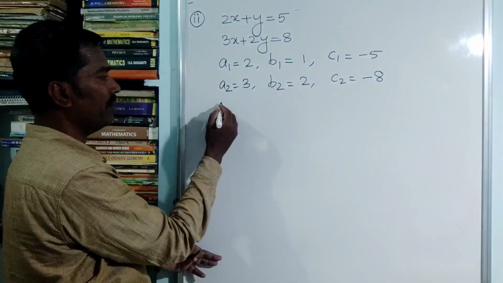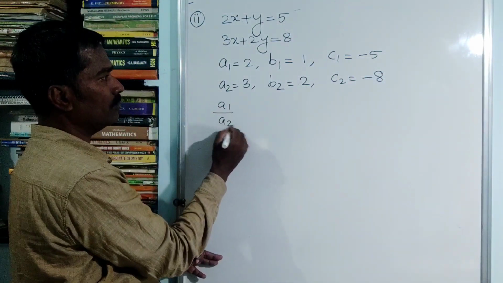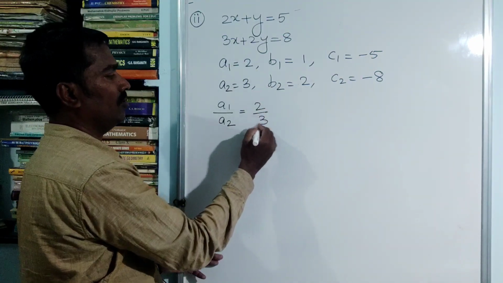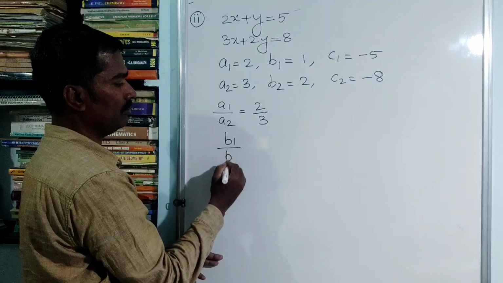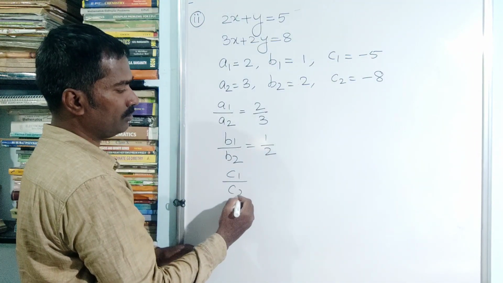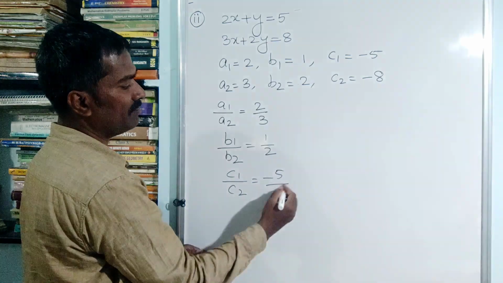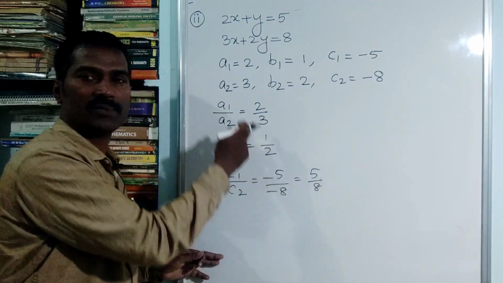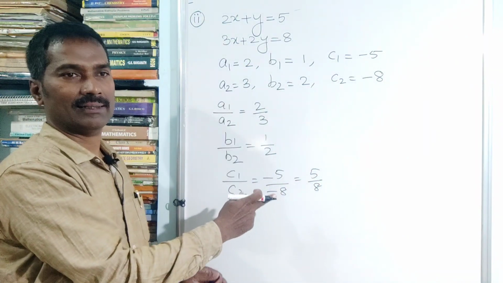Now a1 by a2, 2 by 3. b1 by b2, 1 by 2. c1 by c2, minus 5 by minus 8, minus minus cancel, 5 by 8. We observe that none of the values are equal to one another.